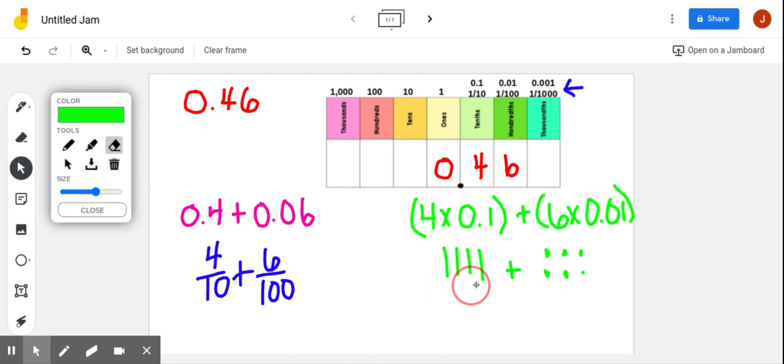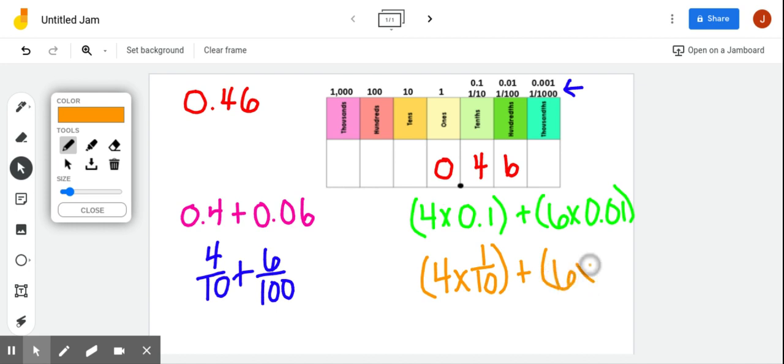So now the other way that you can do this is just doing the digit times its place value, but now in fraction form. So I'm going to go back and take that 4. Instead of timesing it by a tenth in decimal form, I'm going to multiply it by a tenth in fraction form, plus the 6 times a hundredth, again in fraction form.